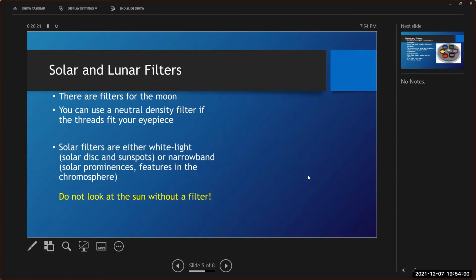You can buy solar filters in white light, a simple mylar or glass filter. They're not super expensive. When you move to the more narrow band solar filters, they get pricey. I've got a hydrogen alpha filter made by Daystar, and it's one of the Quark line of filters.